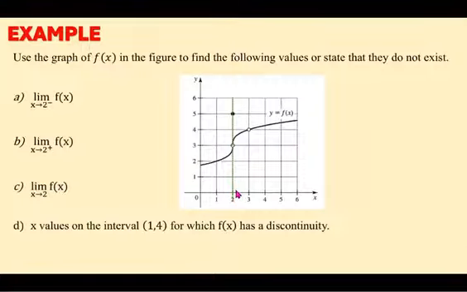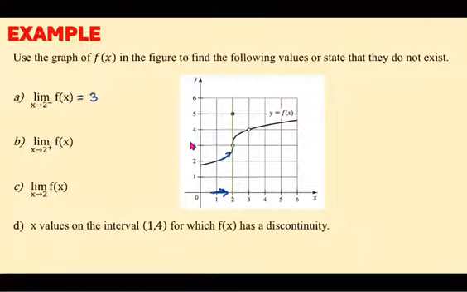Now, when x approaches 2 from the left, on the x-axis, when you get closer and closer to 2, how is the graph behaving? The graph is increasing and approaching closer and closer to that hole. And the corresponding value for that is 3. So the left-hand limit is 3.